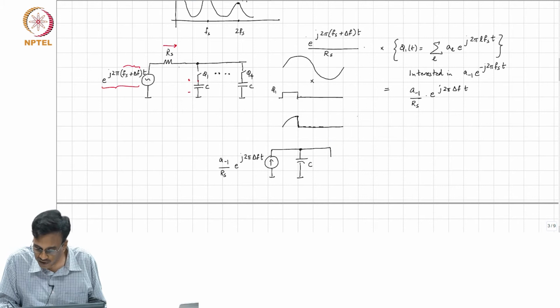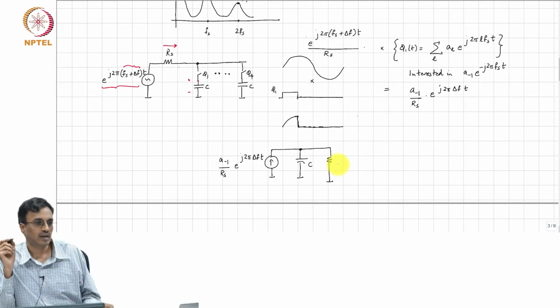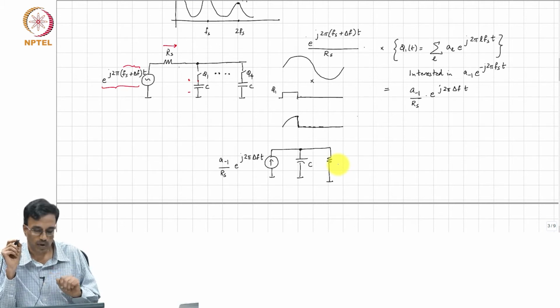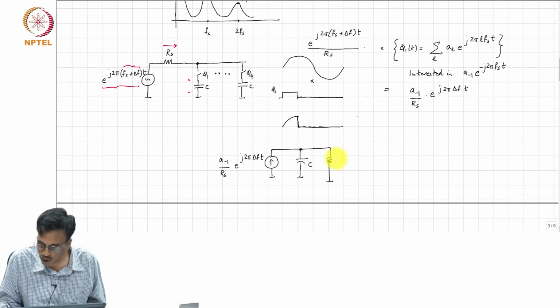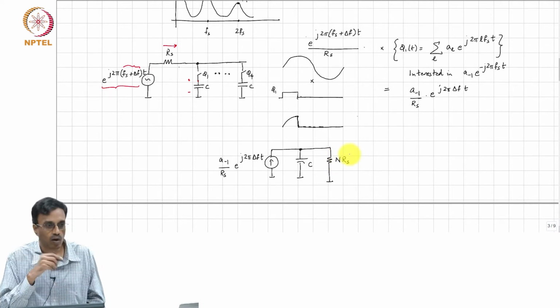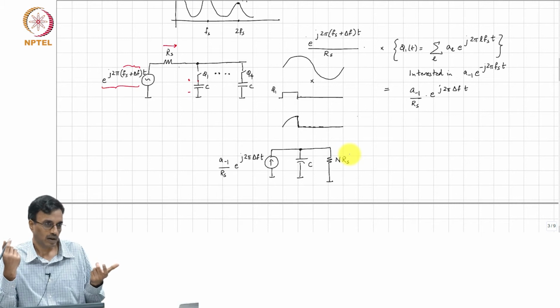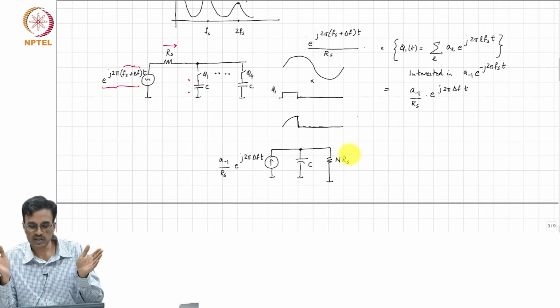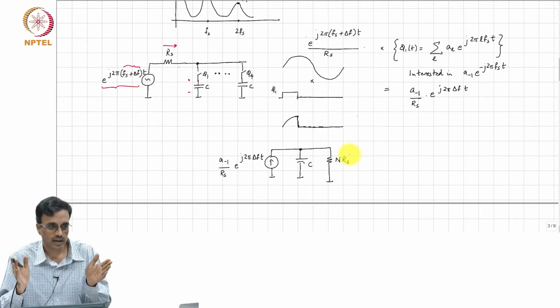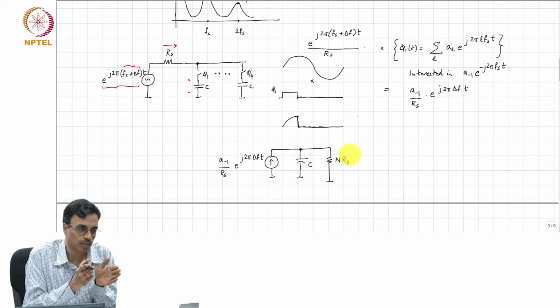But this Rs is only there for 1 by nth of the period. So this is equivalent to having a resistor which is n times larger all the time, because per cycle it's only on for a small period.